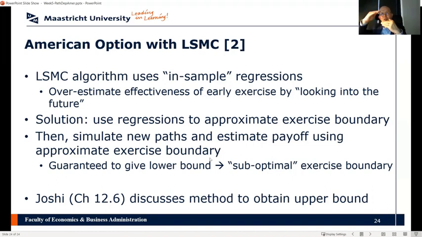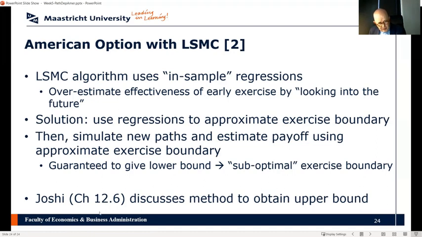But sometimes you want to be absolutely sure about, let's say, how large the error is that you are making, because you cannot compute these standard errors anymore. So there are standard errors involved, but you have an additional source of errors: how accurately did I approximate the true early exercise boundary?